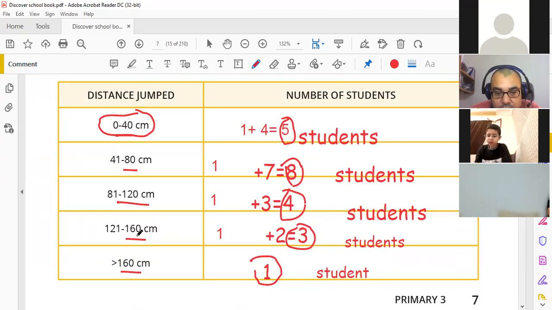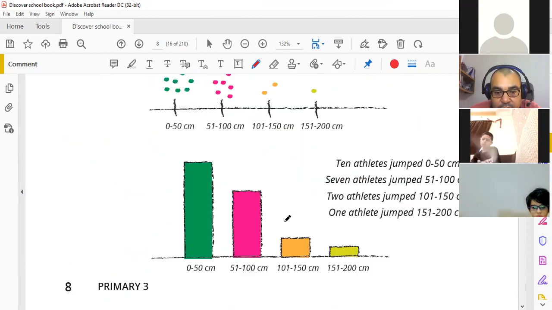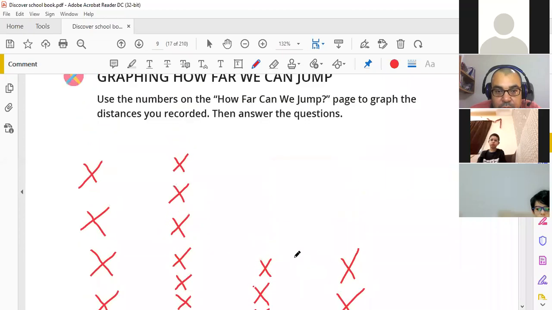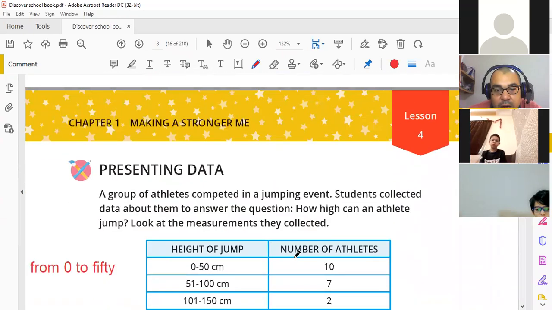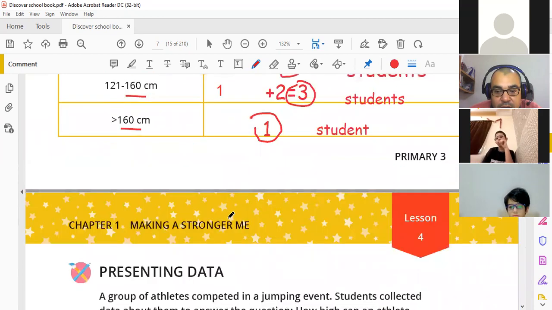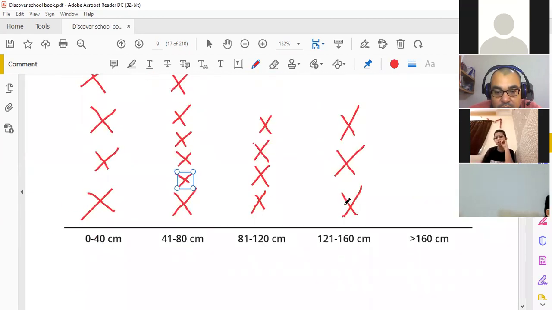How many students can jump for 160 centimeters? Only 3. So we go back again to the graph and draw 3 marks. 1, 2, 3. How many students can jump for more than 160 centimeters? Only 1 student. Here we draw 1 mark only.